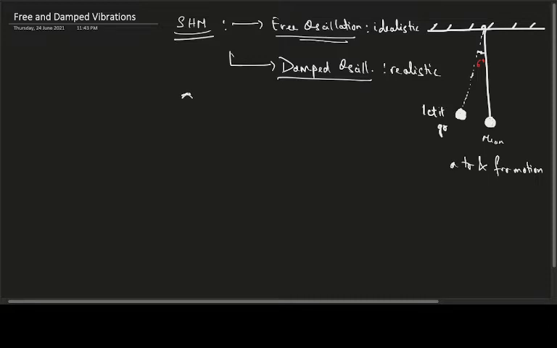Why am I saying that it decreases exponentially? Because it happens somewhat like this. If you plot the graph, it will go somewhat like this. If you see carefully here, the amplitude is the peak of the graph.